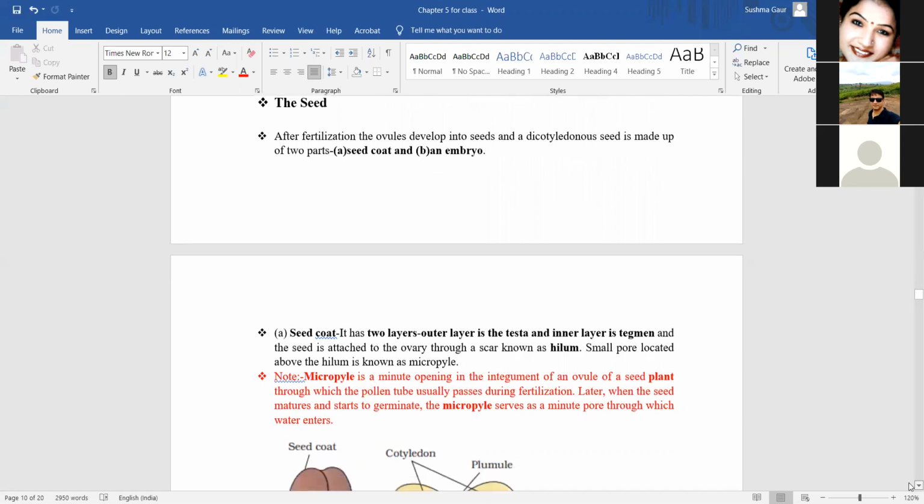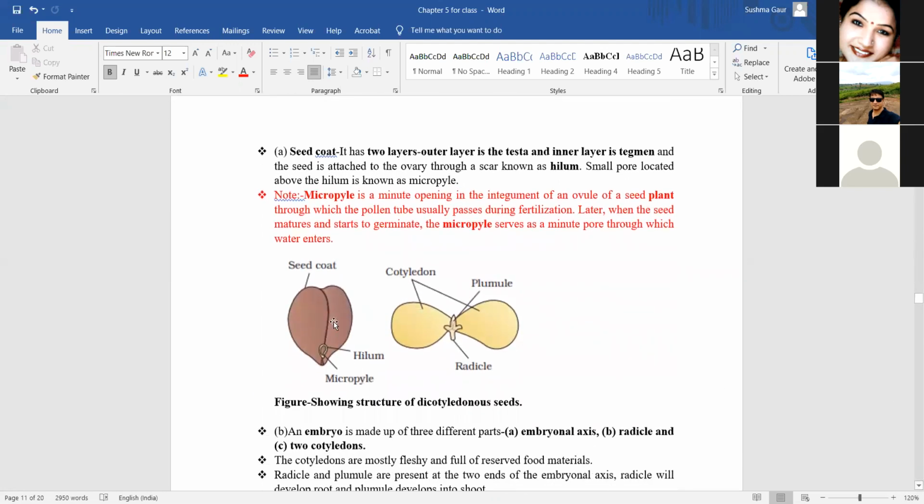So where is the diagram of seed? This is the diagram of seed. This is the outer portion of the seed, known as seed coat. These are two structures present at the tip: this is hilum and this is micropyle. They also have their specific function, I will tell you. And this is the cotyledon structure.